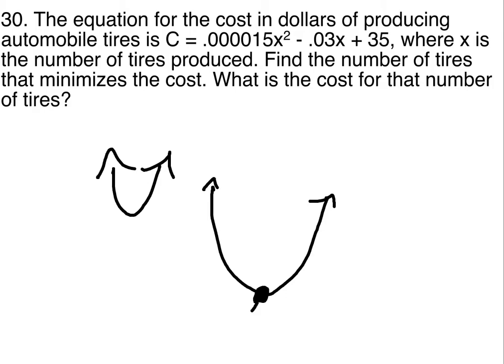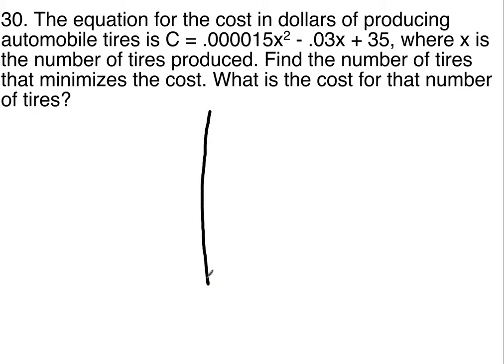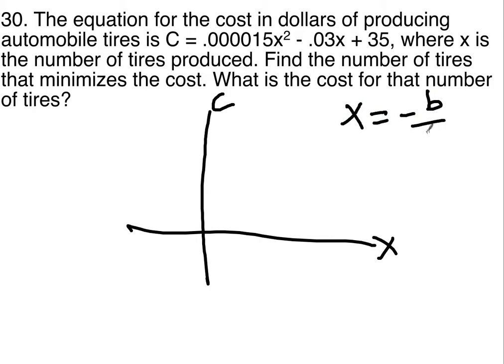We want to know how many tires. So in this case, we've got X, which stands for how many tires, and C for the cost of those tires. We want to know how many tires will minimize the cost.